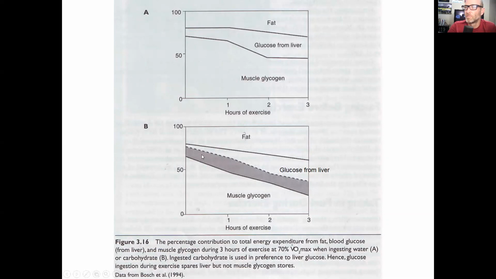Okay, so by taking in glucose throughout the endurance exercise, you're able to spare the amount of glucose in the liver. But you see muscle glycogen levels are still going down. Muscle glycogen is still going down. So you're not sparing muscle glycogen use, you're sparing liver glycogen.